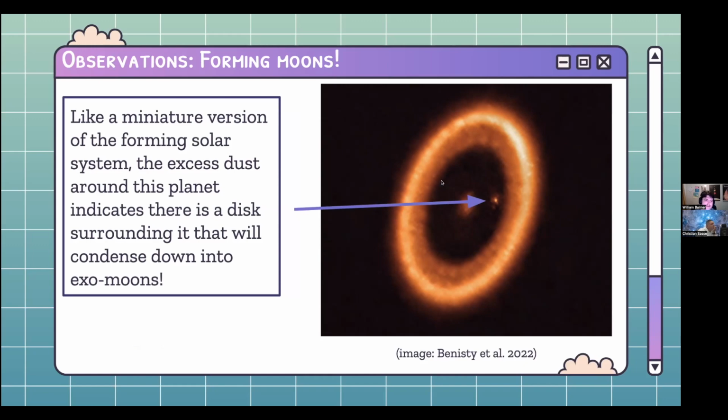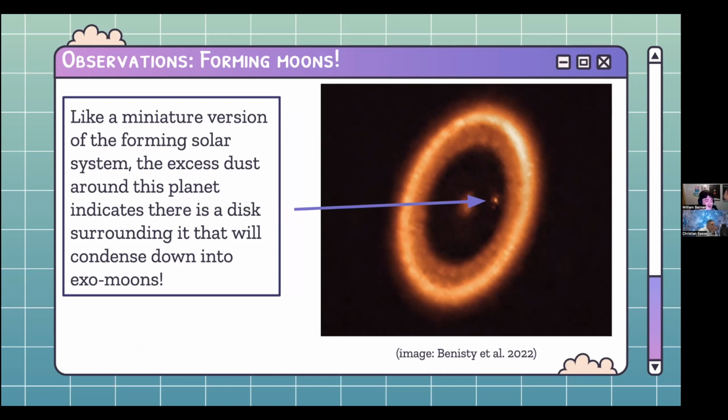And this is evidence for a circumplanetary disk. So this is a disk around the planet within the disk around the star. It's like a nested doll kind of situation. But this is how we think planets like Jupiter get their moons.